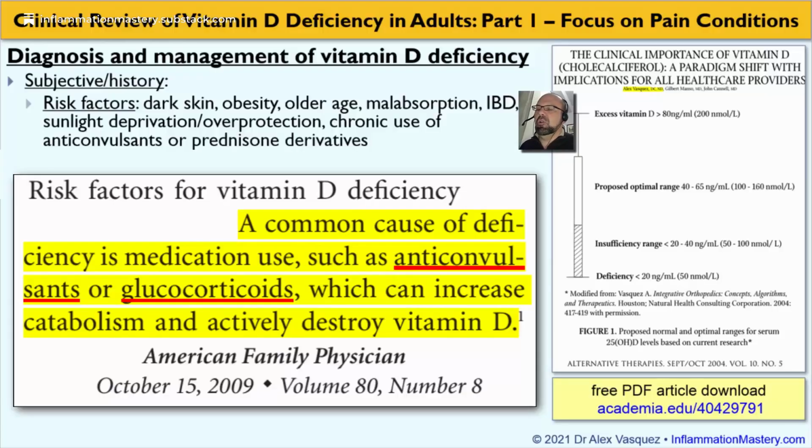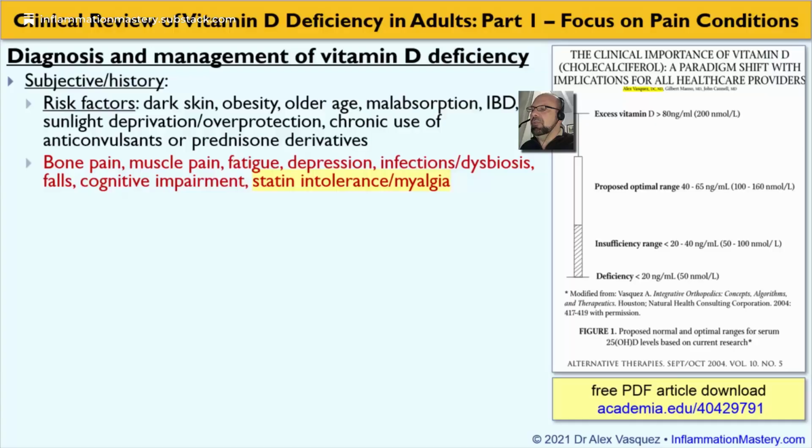Obviously, for those of you who are aware of vitamin D, you know that that's somewhat paradoxical or ironic, because a consequence of vitamin D deficiency is more inflammation and also seizures. We'll talk about that in just a moment. So the irony is that the medical treatment of those conditions actually can perpetuate vitamin D deficiency, which perpetuates those conditions. Moving on now to bone pain, muscle pain, fatigue, depression, infections, and also gastrointestinal dysbiosis.